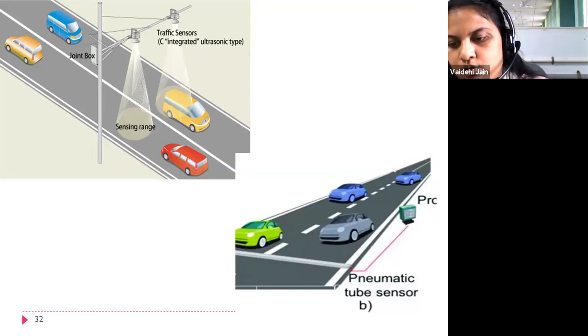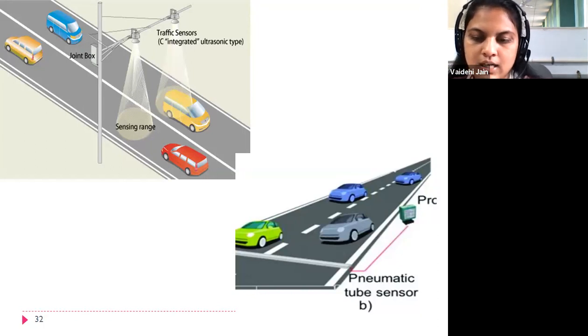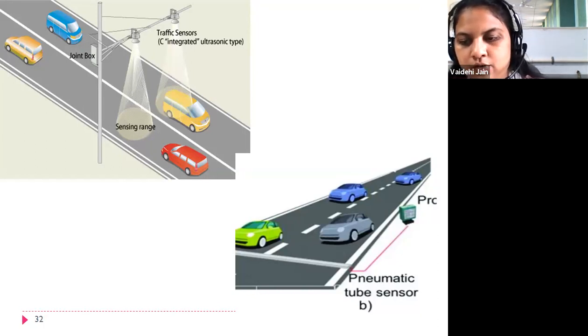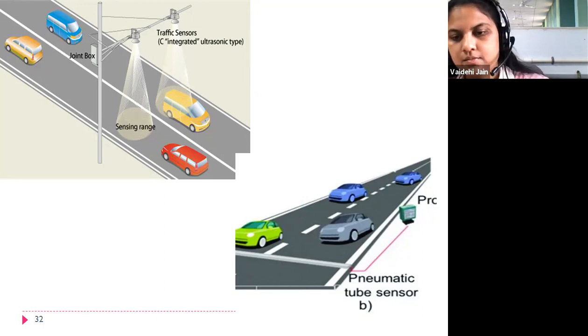In the other image, you can see the pneumatic tube sensor. Now that pneumatic tube sensor is nowadays obsolete, but the very first type of sensor which is used is a kind of pneumatic tube. The tube is installed at the stretch, and once the vehicle is going over that tube, then the tube is generating a pneumatic pulse, and by this the control system or the connected system is getting the data of a vehicle.